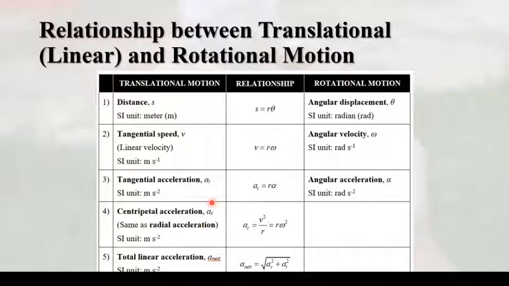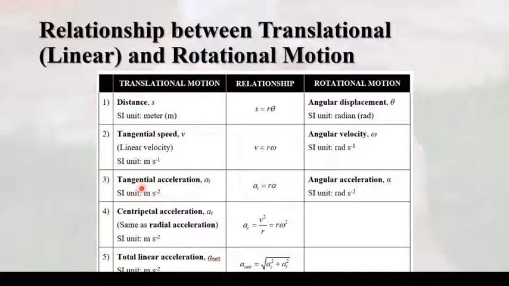Actually, every particle in a rigid body is moving with two different accelerations. One of them you can consider as the x component, and one of them you can assume as the y component. Why?